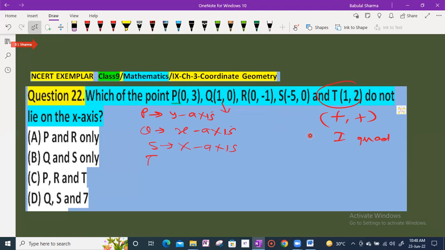This point R is also, the coordinates are 0, -1, so point R will lie on y-axis. So one point is P, then point R, and then point T. So C is the correct option here.